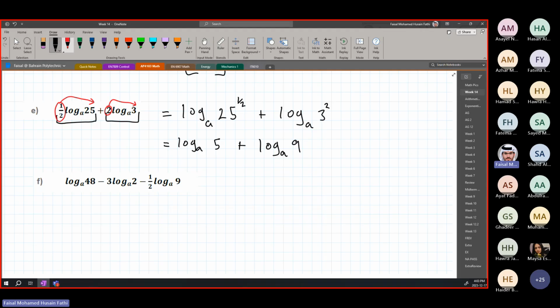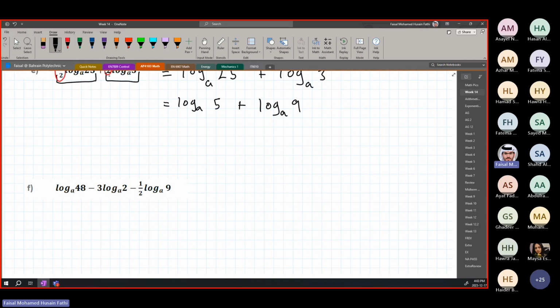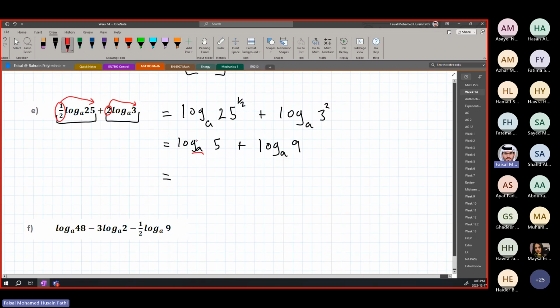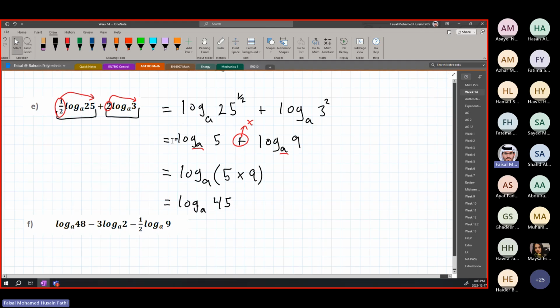Then you can use your calculator. If this gets too confusing, it's fine in these cases. This is equal to, now we can check same base. Yes, plus becomes multiplication. It becomes log A of 5 times 9, log of A 45. Clear?